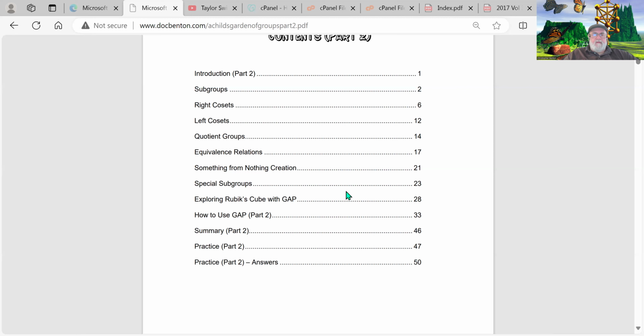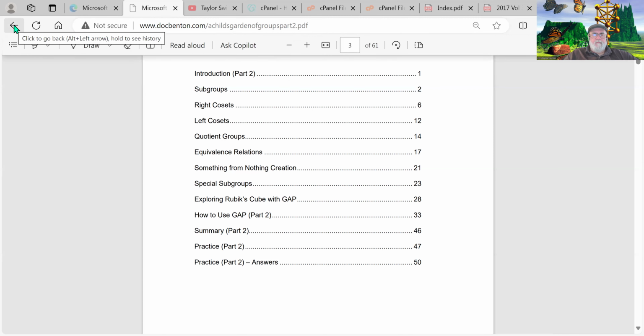I think that's things like the center of a group, commutator subgroups, and others, normal subgroups. And then I get into exploring Rubik's Cube with GAP and have another tutorial on GAP in which I show you how to do more things with that software.